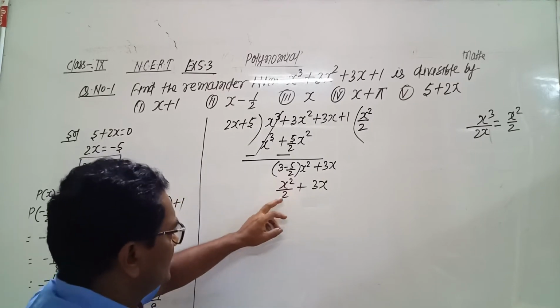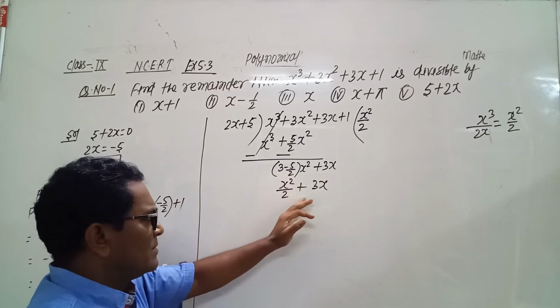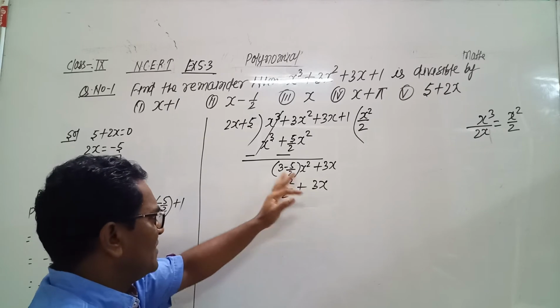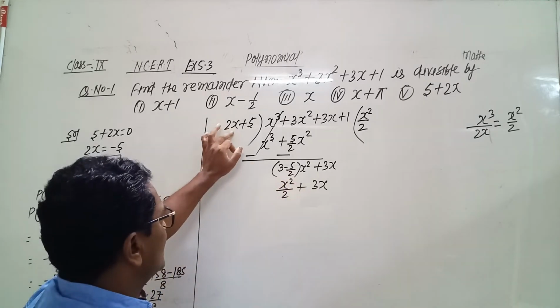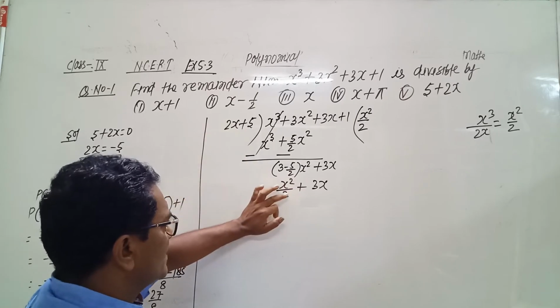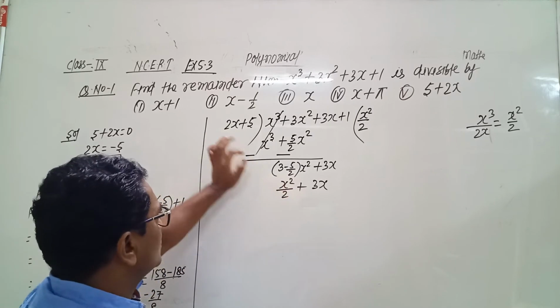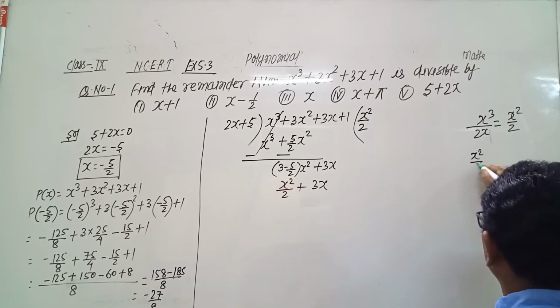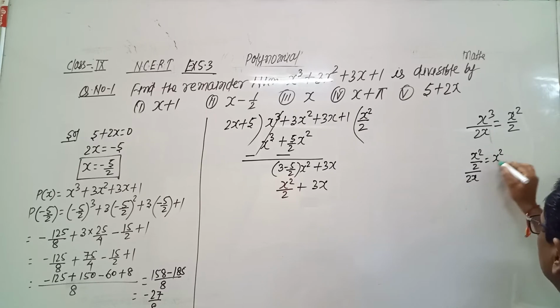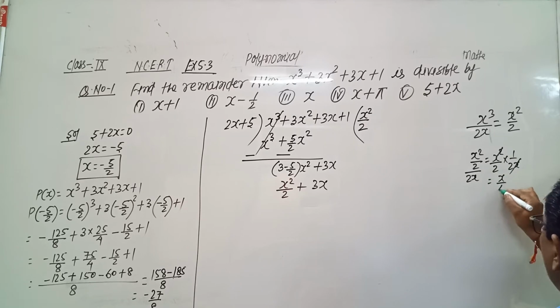Now the dividend is x square by 2 plus 3x, and the first term is x square by 2 and the first term of the divisor is 2x. So divide x square by 2 by 2x, then it comes x square by 2 into 1 by 2x and we get x by 4.